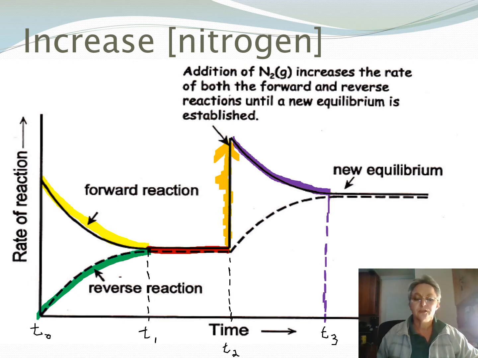Now to reach this new equilibrium, the rate of the reverse reaction must increase again. So the broken line also needs to go up, and where the new equilibrium is reached, the two lines are together again.